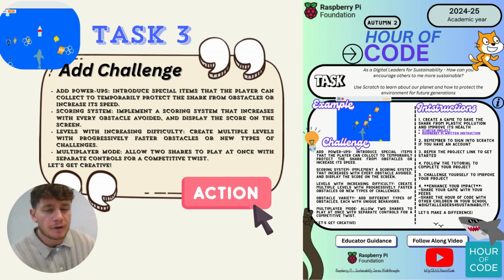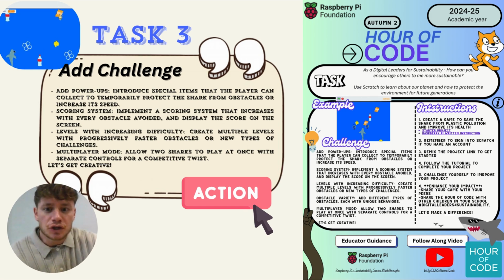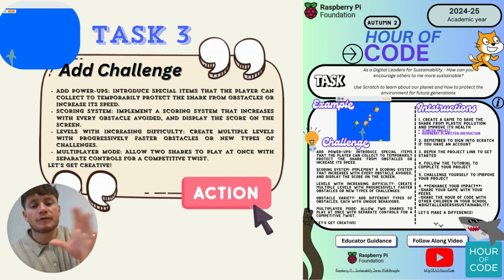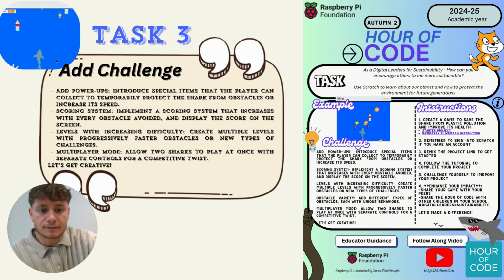And the last one, very simple, but would be a feature, is could you add another sprite for the shark, use the WASD keys, and then can you play simultaneously? So have a go at those challenges, and we are then going to be ready to improve our impact.